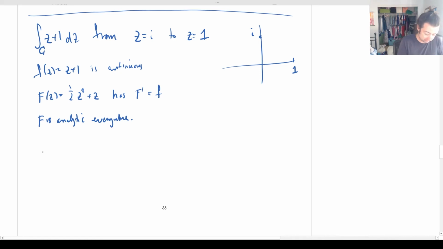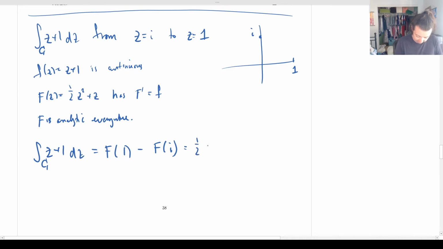So the integral over this contour of z plus 1 dz must be equal to capital F of 1 minus capital F of i, which is equal to 1/2 of 1 squared plus 1 minus 1/2 of i squared plus i, which is 1/2 plus 1 plus 1/2 minus i, which is 2 minus i.